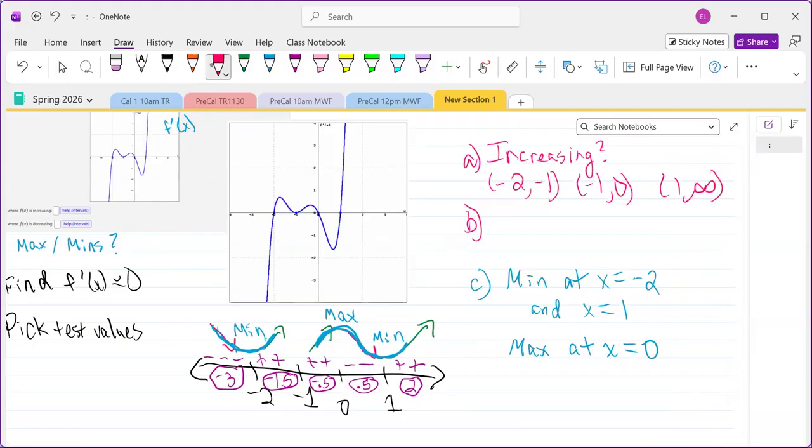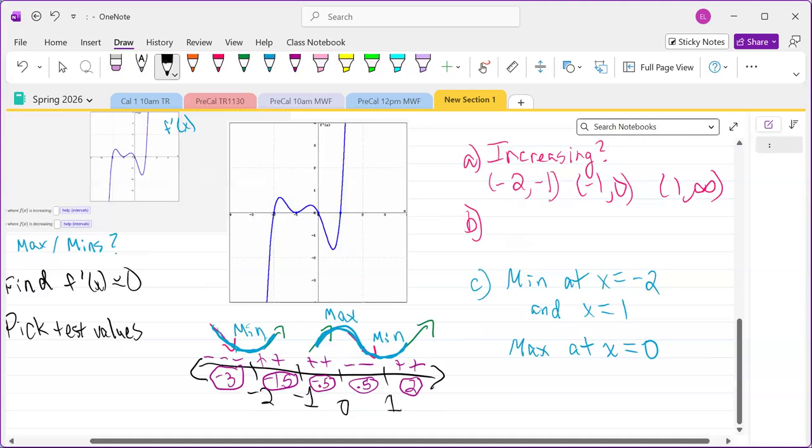Now, WebWork, being the lovely gem that it is, is inconsistent in how you type in your answers. On some questions, you would type these 3 things in and put commas in between. This one, though, has the little help intervals thing next to it, so this one actually wants the union symbols in between.